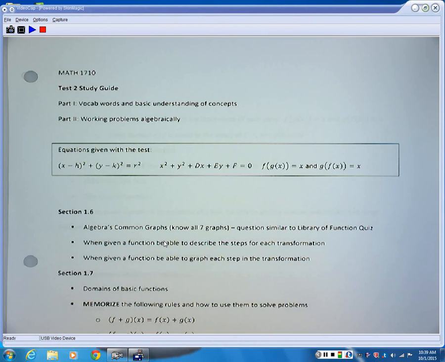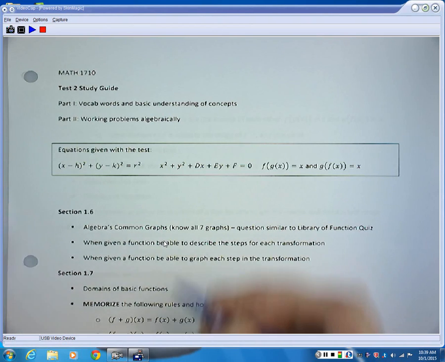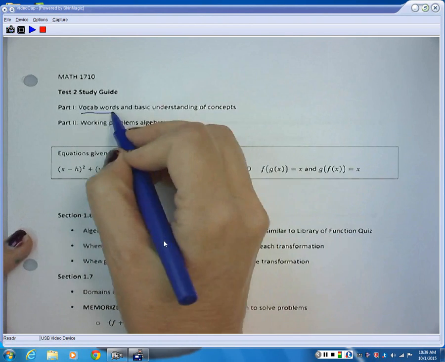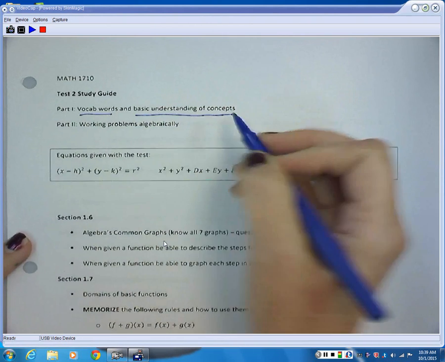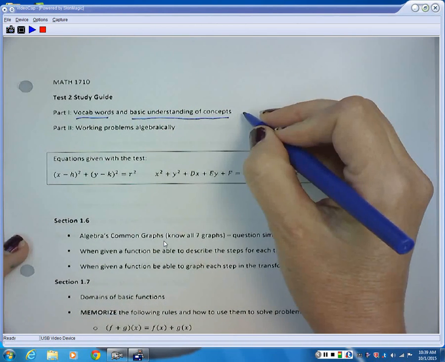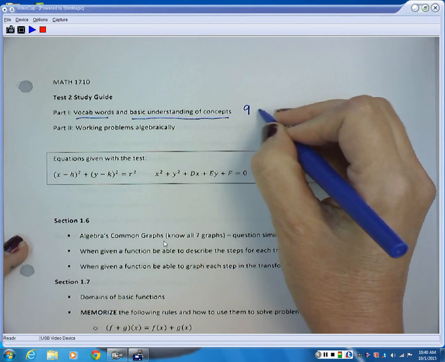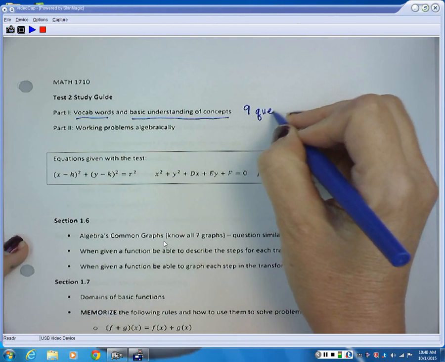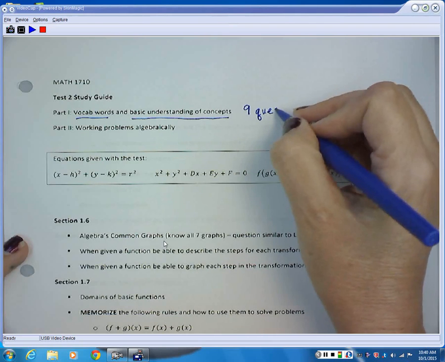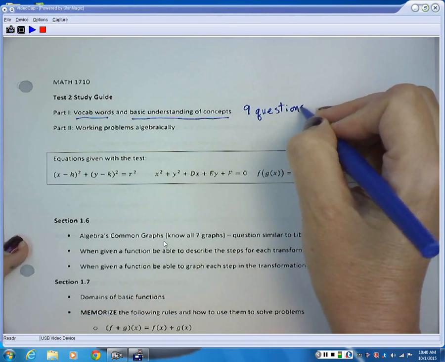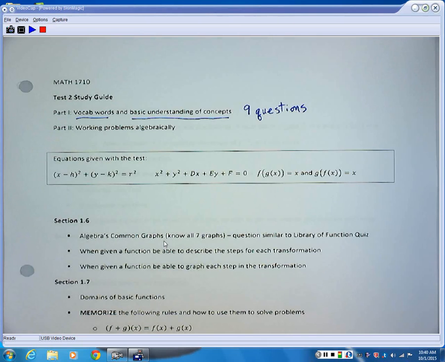Part 1 is vocabulary words and basic understanding of concepts, and there are 9 questions. So the first page is the multiple choice and fill in the blank. Okay? So those are the concept questions.